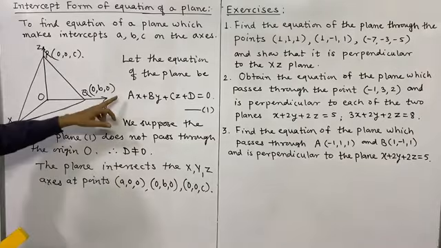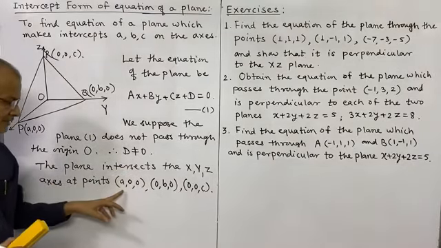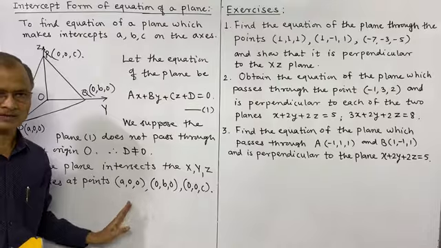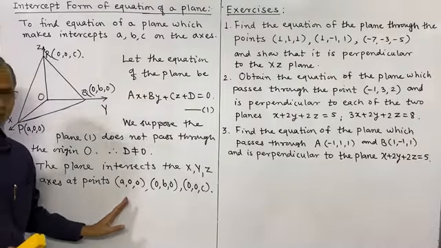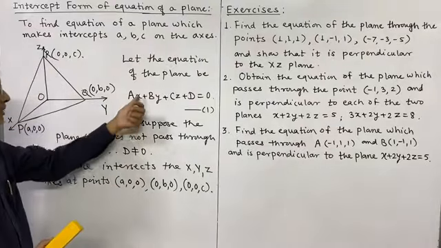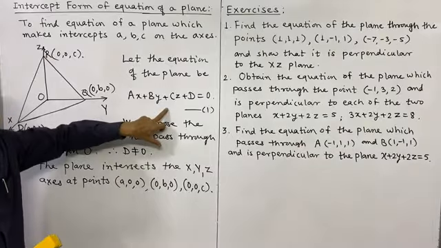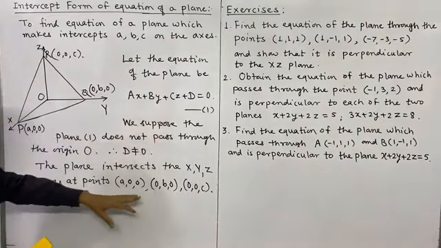From 1 we know the plane intersects these axes, which means these points are on the axis and also on the plane, and therefore if this is a point on the plane, then its coordinates must satisfy the equation of the plane. So this condition we shall use.